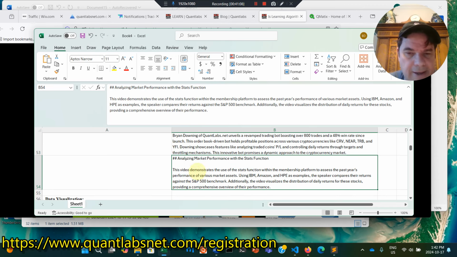Okay, next one. Again, analyzing market performance with stats functions. I'm not sure if this is MATLAB again, but here I demonstrate stats functions over the last year at the time. So we analyze IBM, Amazon, and HPE, and compare the returns against the standard S&P benchmark.